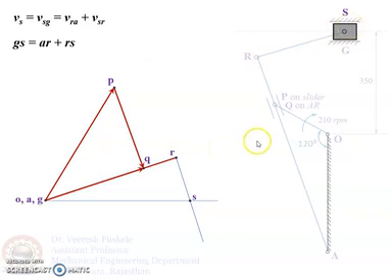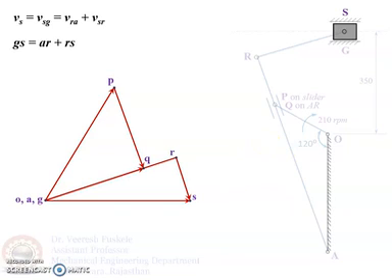So we will draw the direction sense of the vectors as follows. So this will give us the direction sense of vector RS and GS. So we can see that AR plus RS will give us GS. So this is how we draw the velocity vector of cranked and slotted lever mechanism.